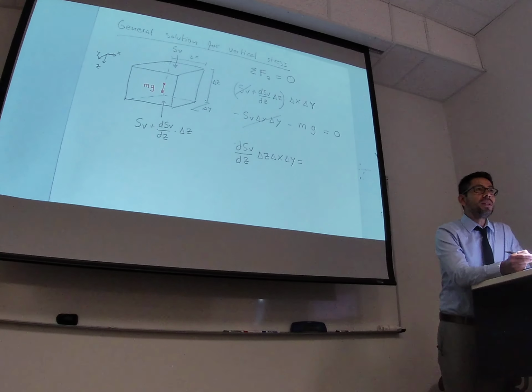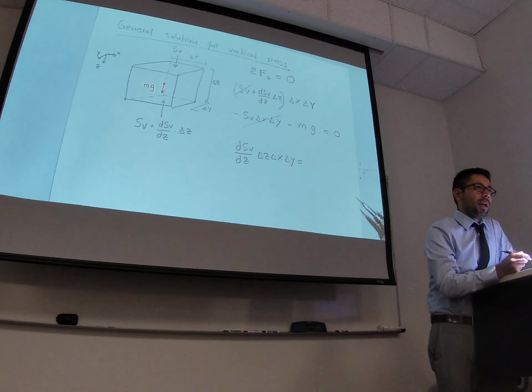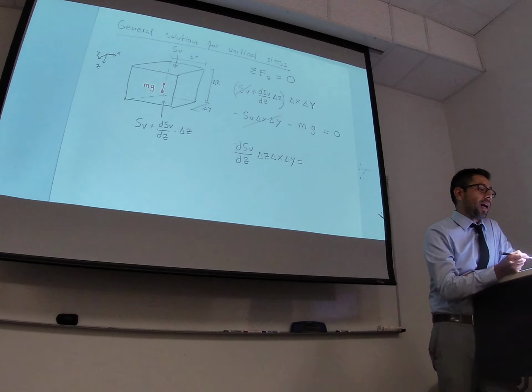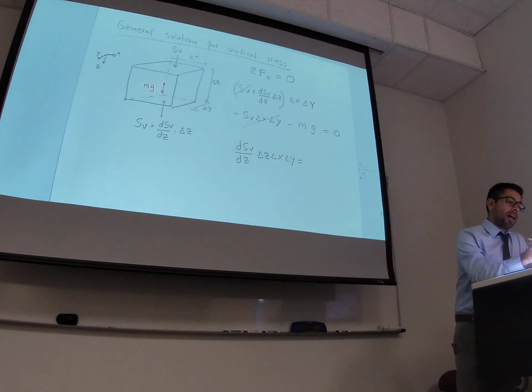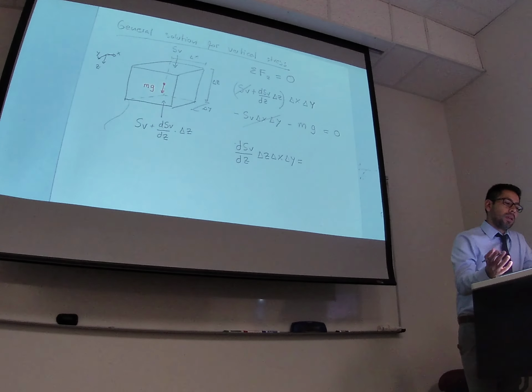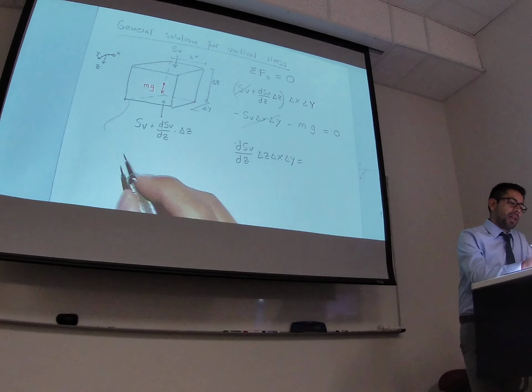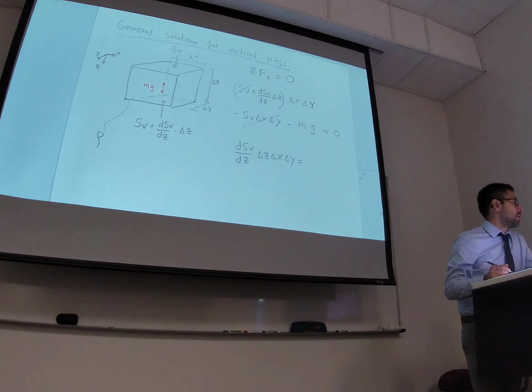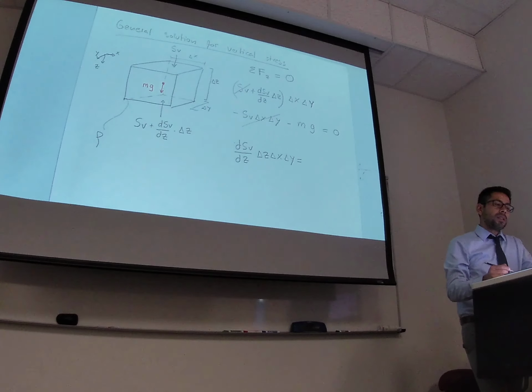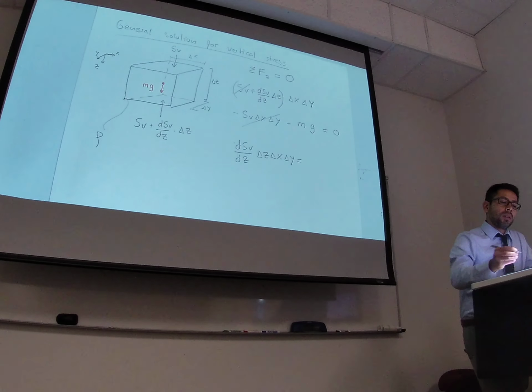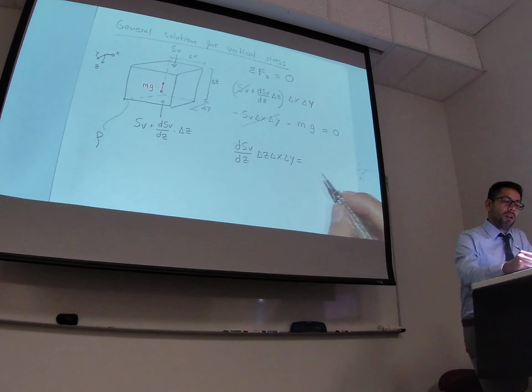What is m in this case? m is the mass of the cube, right? But let me convert that to something without units of mass, but instead in terms of density. So the mass is going to be equal to what? To density times volume, right?